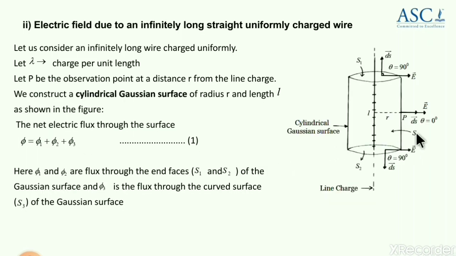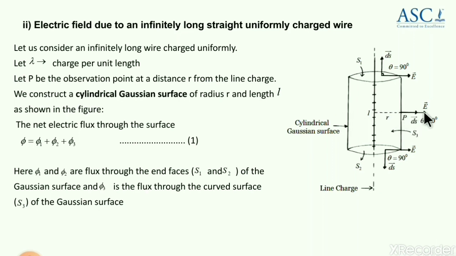Now let us choose this phi 3 through the curved surface as we have defined earlier. Now what happens, see here, carefully you have to observe the direction of the field line and the normal to the surface. See here, due to this uniformly charged wire, the field lines will be around this cylinder everywhere moving like this.